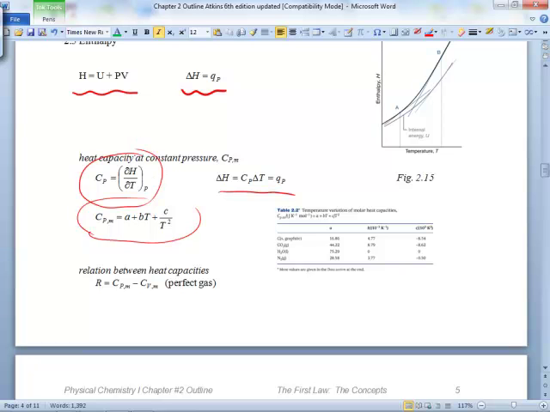Okay, we've got, so that means, right, what did I do? I brought the dT over. Everyone following so far? Okay, well we want to get a number for enthalpy, so you have to integrate.